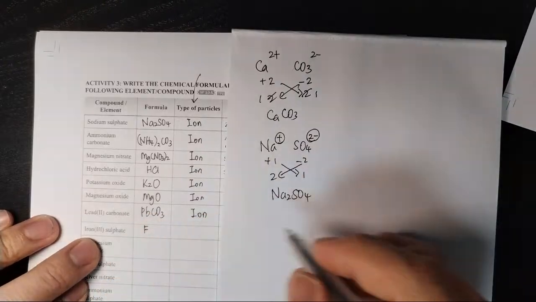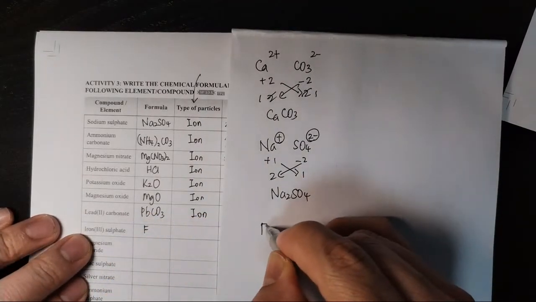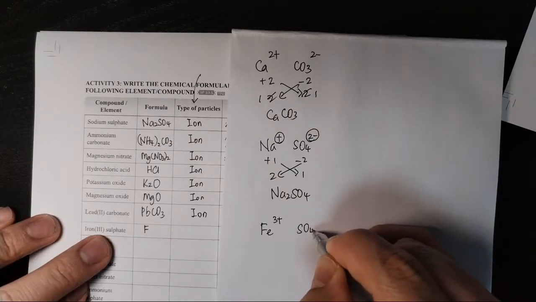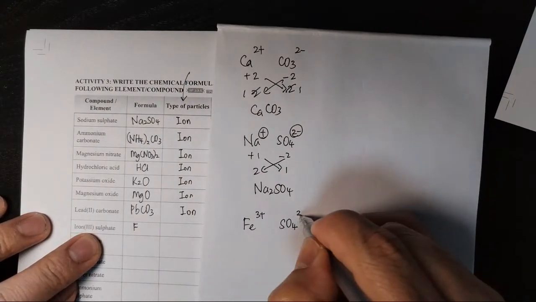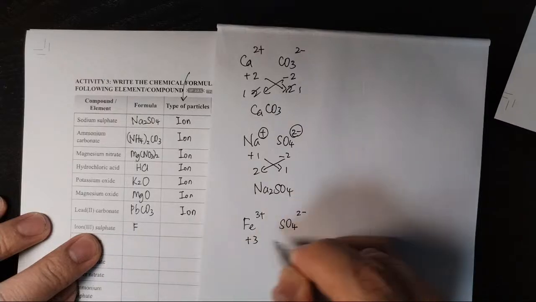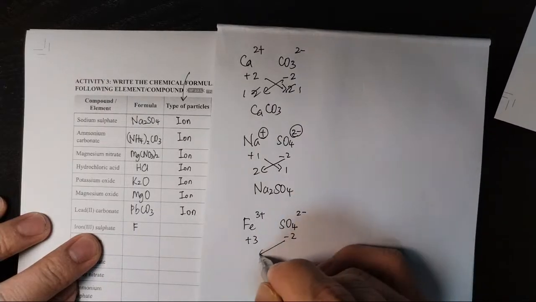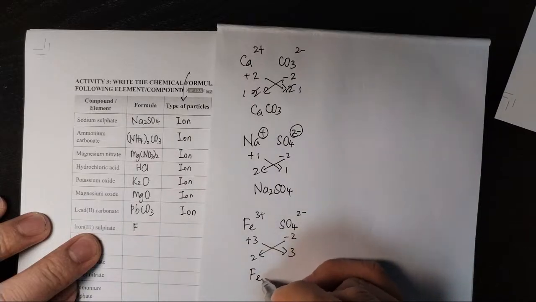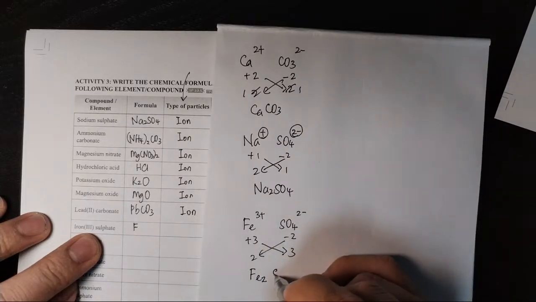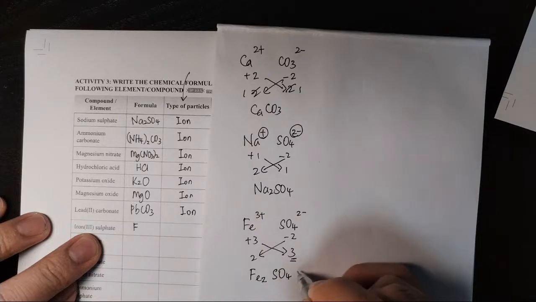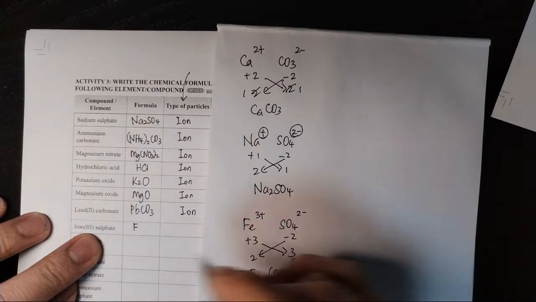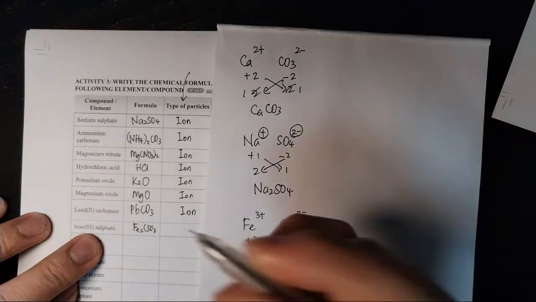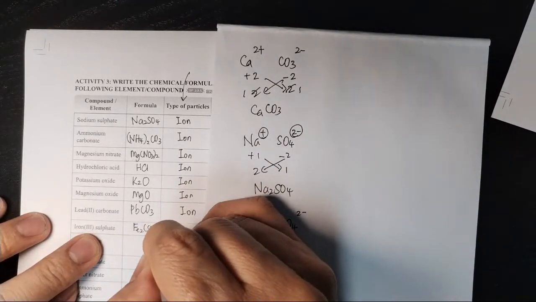Iron 3 sulfate. Okay, we try this. Iron 3, Fe 3 positive, right? Sulfate SO4 2 negative. Positive 3, negative 2. So interchange: 2 goes to this one, 3 to that one. So Fe2, then SO4 with 3, so bracket 3. Sorry, Fe2(SO4)3.